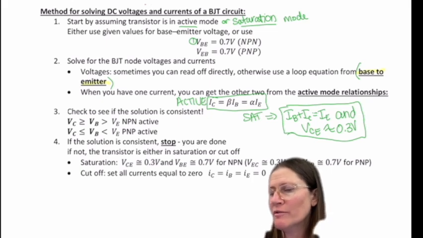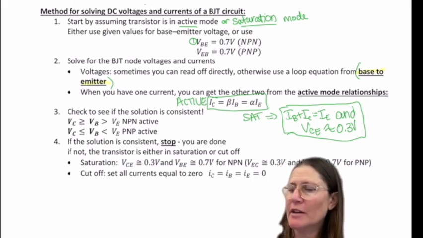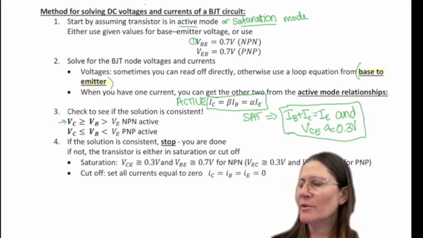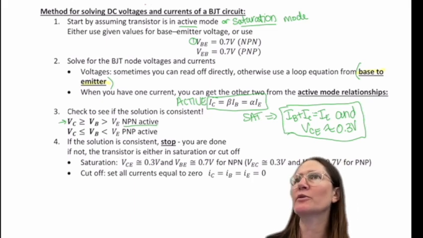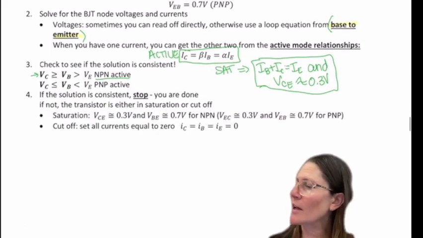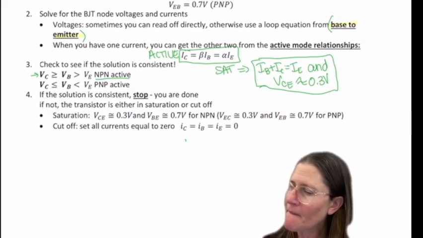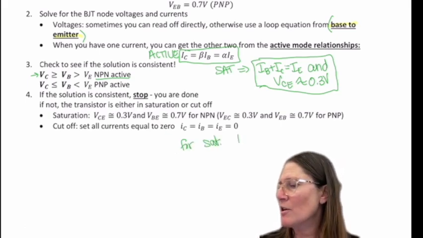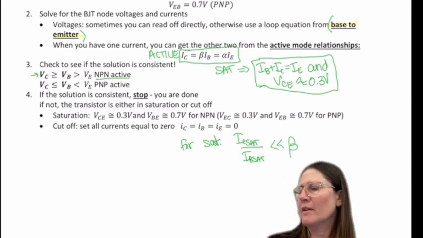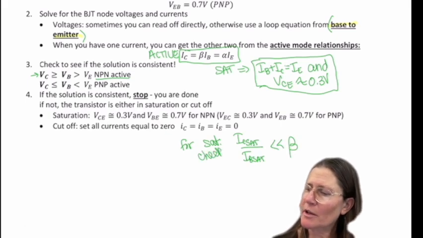If you solve them and then you find that VC is greater than or equal to VB, then you say that NPN is active if you assumed active first. If not, you're going to check the IC for saturation. You're going to find IC sat and then IB sat and make sure that that is a lot less than beta. That would be your check.